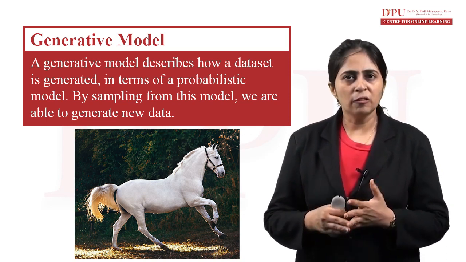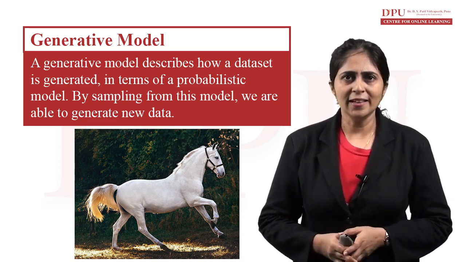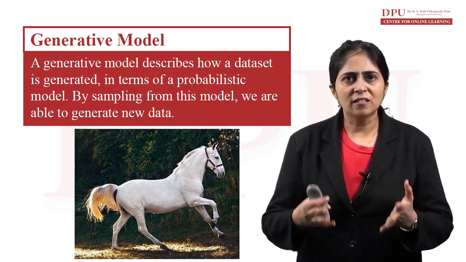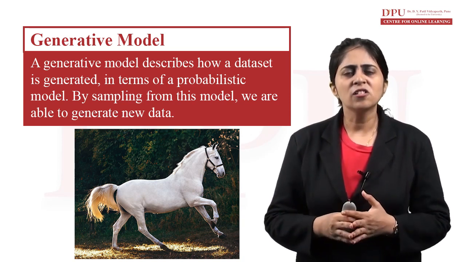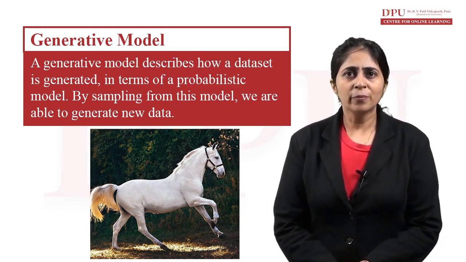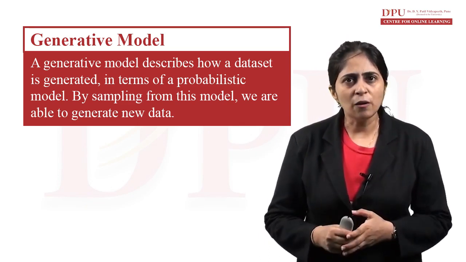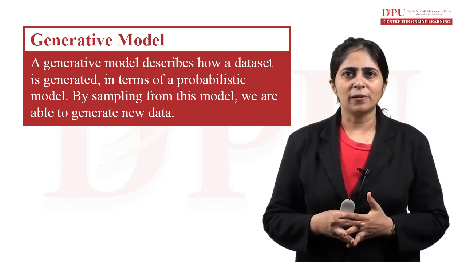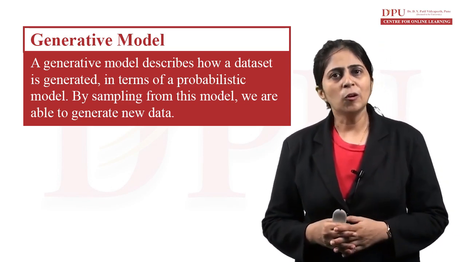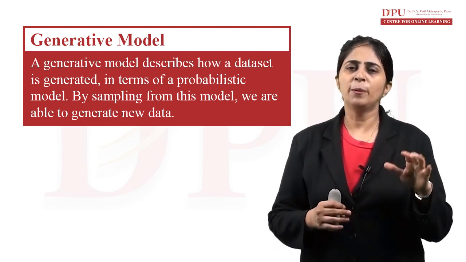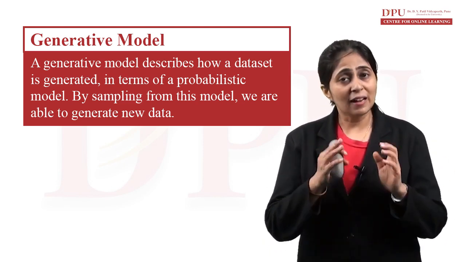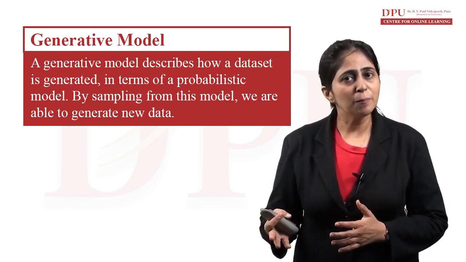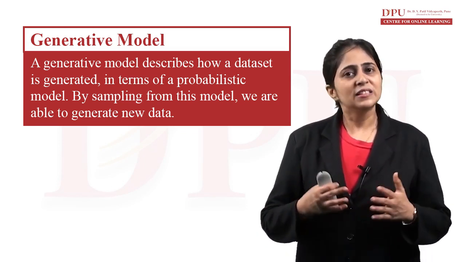So basically, generative modeling is an unsupervised learning task in machine learning which involves automatically discovering and learning the regularities or patterns in the input data in such a way that the model can be used to generate new examples that could have been drawn from the original data set. That means we will be provided with some images which are actually of the real thing, and we can generate a very similar image from this. So that is called a generative model.